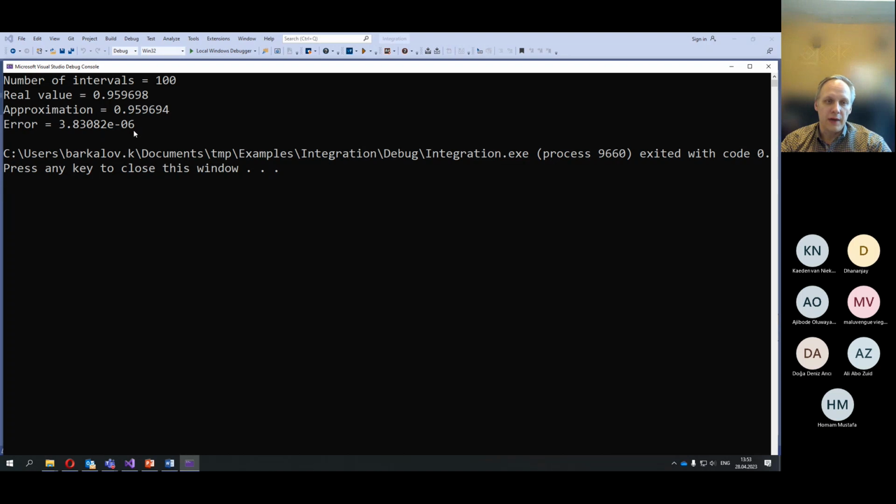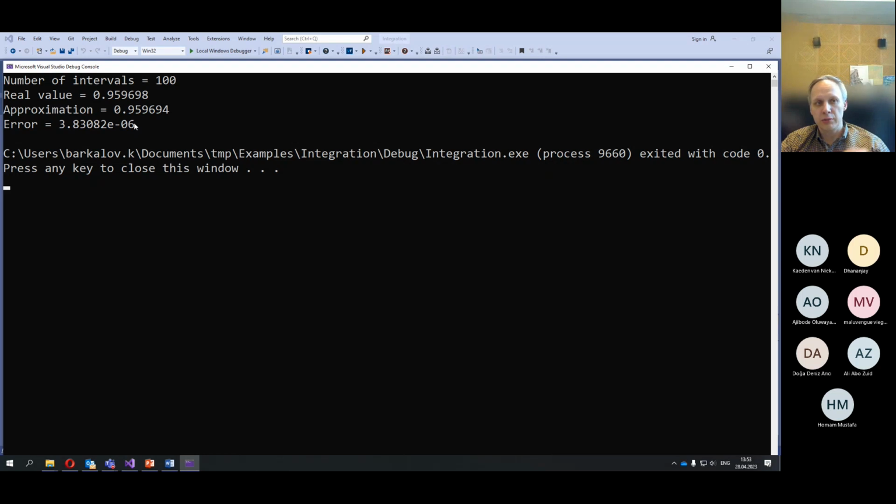This fact verifies the quadratic rate of convergence. We decrease the step 10 times, and the error is decreased 100 times. So if the number of intervals is 100, the error is approximately 10 power minus 6.